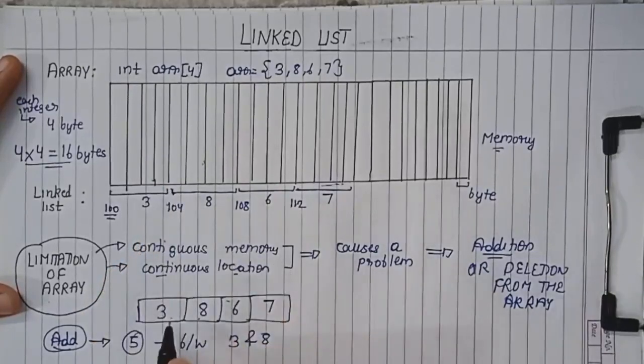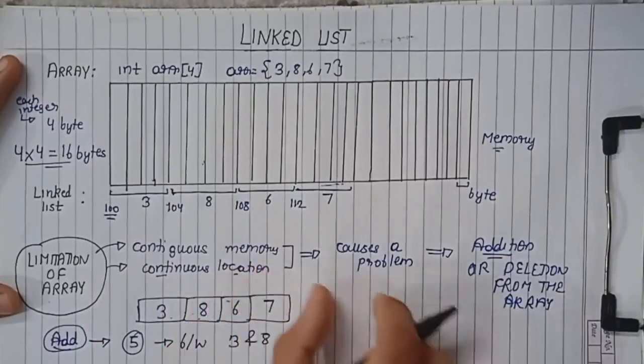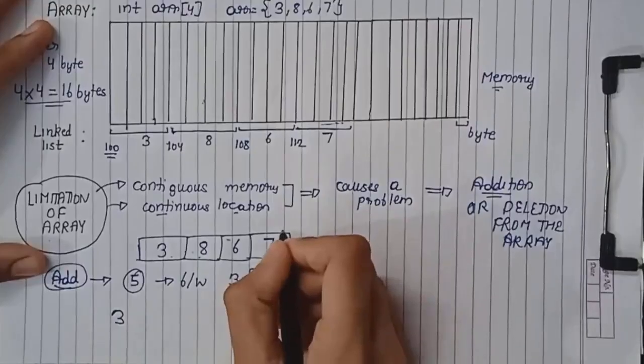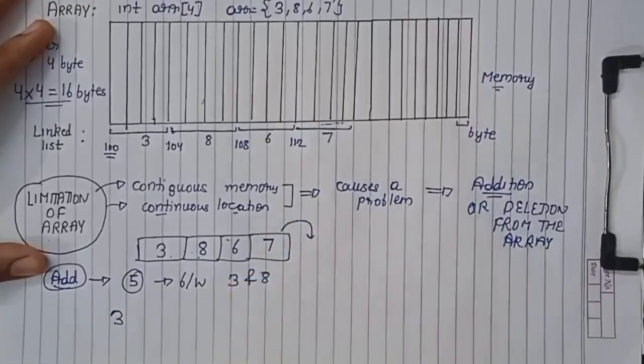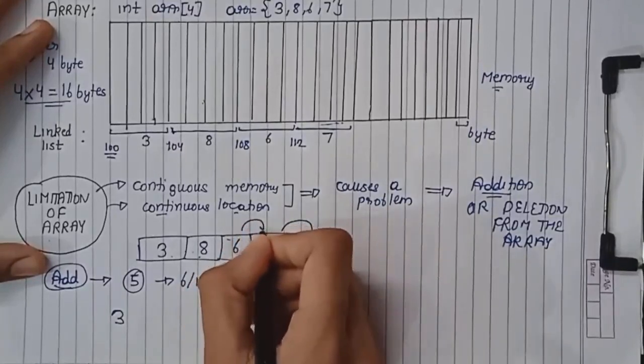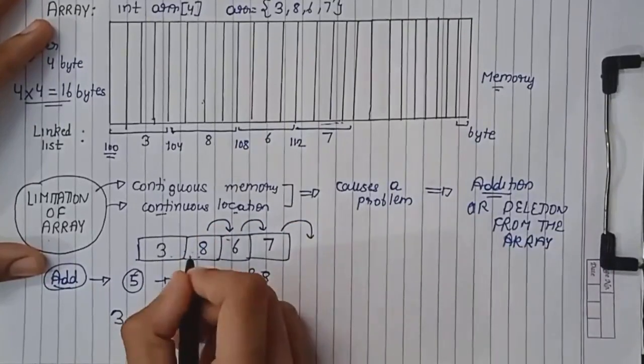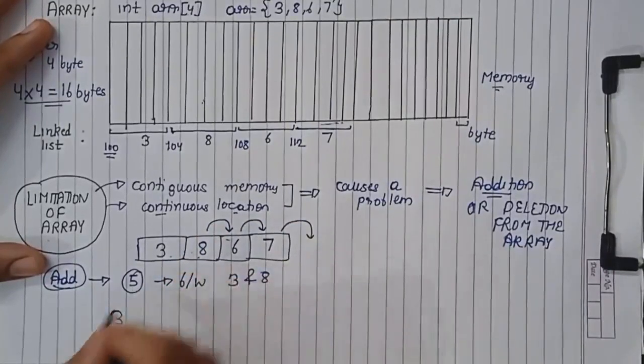So if you want to add any element between 3 and 8, then you need to shift positions. That is, I need to shift this 7 to the next position, this 6 to the position of 7, and this 8 to the position of 6. Then only will I have space here to add 5.